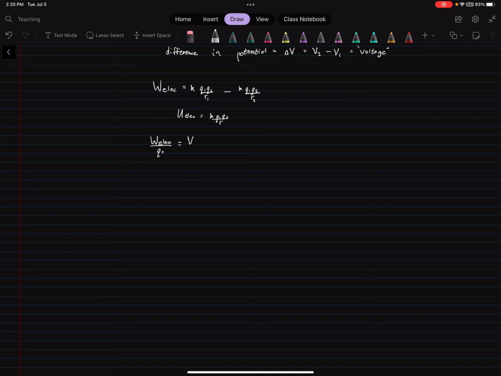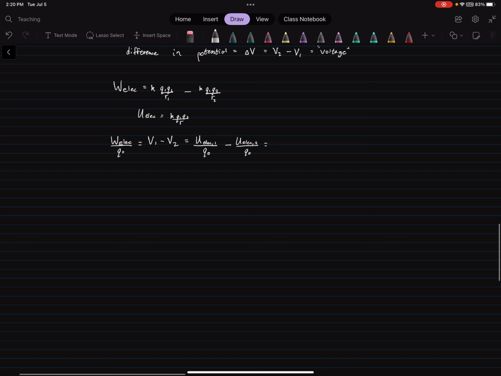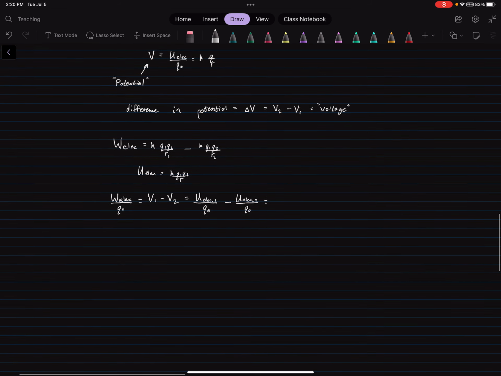And that's equal to V1 minus V2, for the same concept as we discussed before, which would be U elect 1 per unit charge minus U elect 2 per unit charge, or of course its final form, K Q over R1 minus K Q over R2, right?